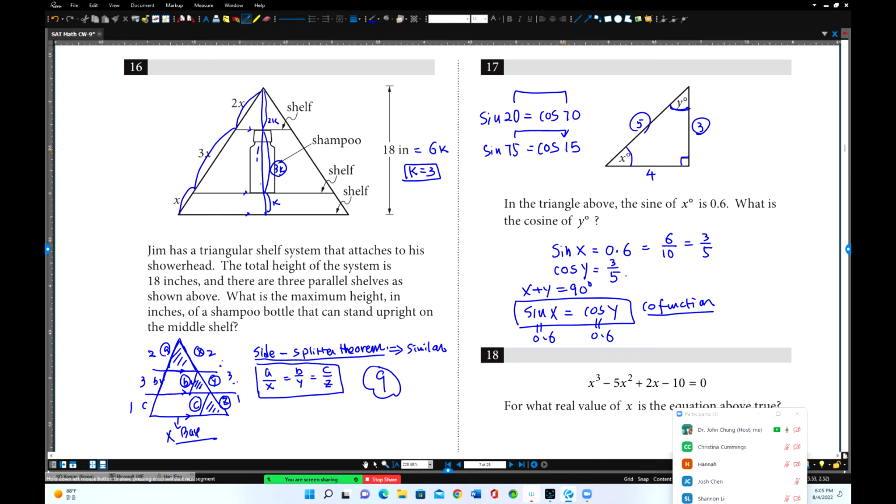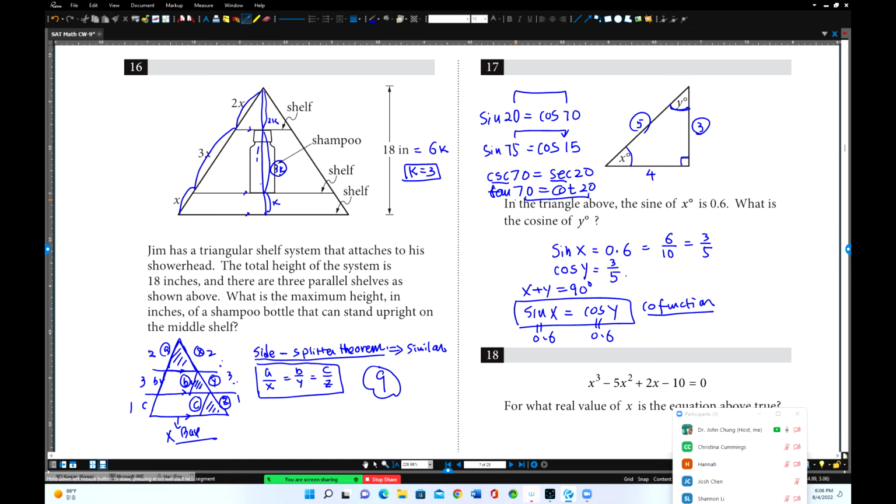Okay, reciprocals are okay too. Reciprocal, what is that? Cosecant 70 equals secant 20. You can switch over here. Cosecant and secant are also co-functions. Or tangent and cotangent are also co-functions. Tangent 70, you can change into cotangent if the sum of these numbers is 90 degrees.